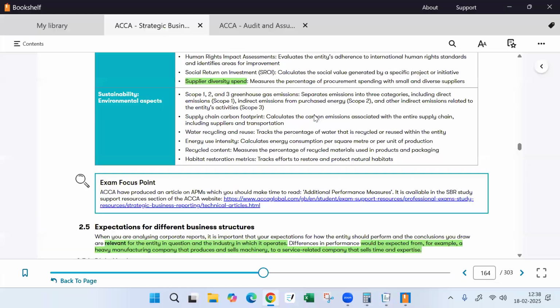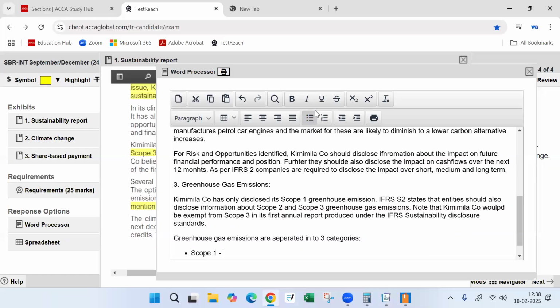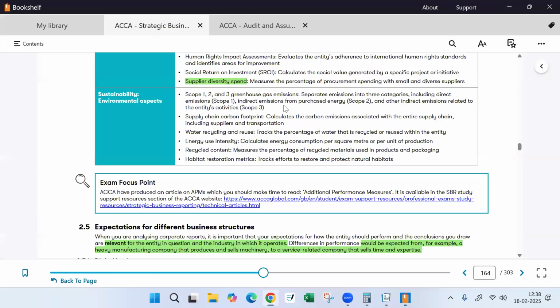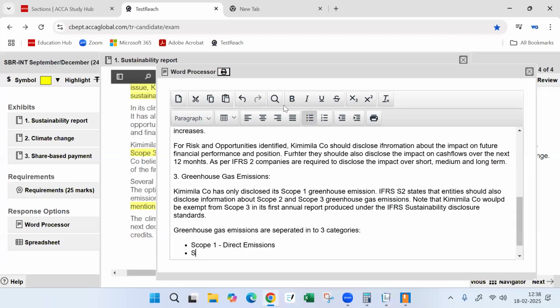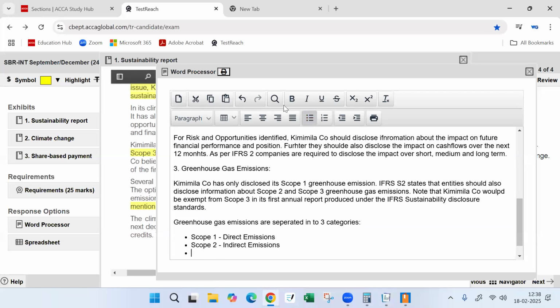Scope 1, which talks about direct emissions. Scope 2, indirect emissions from purchased energy.